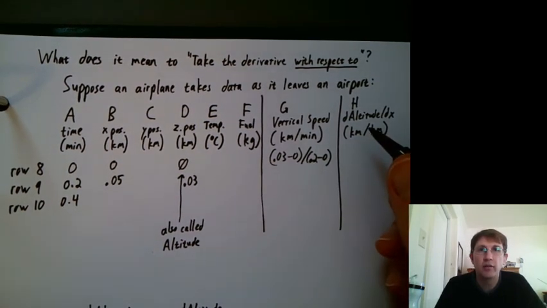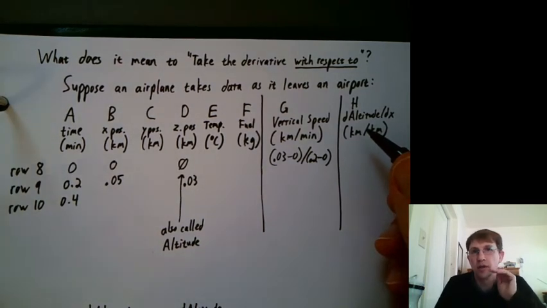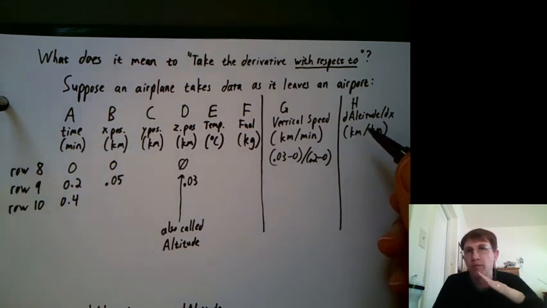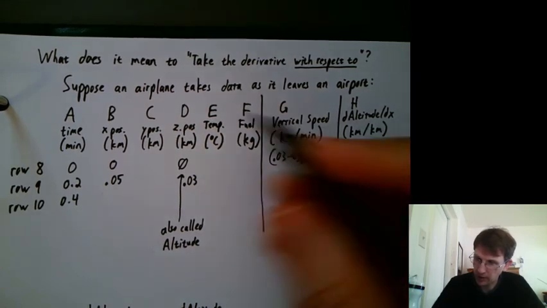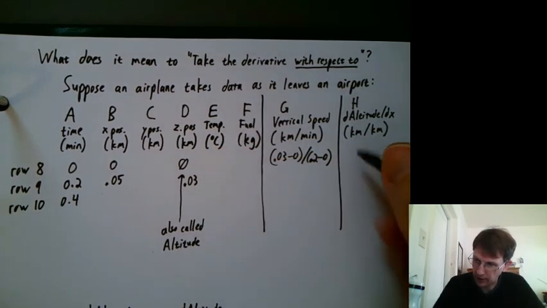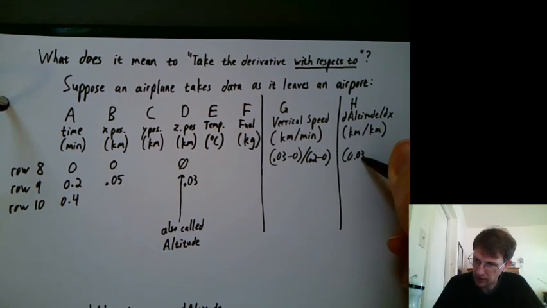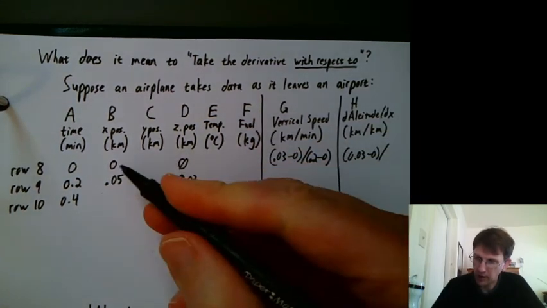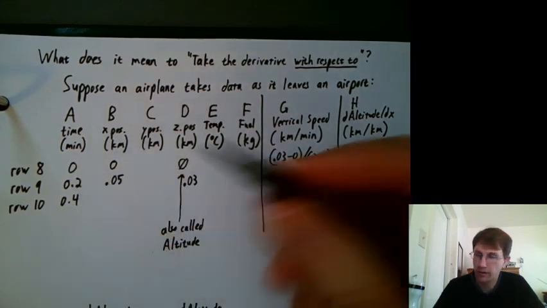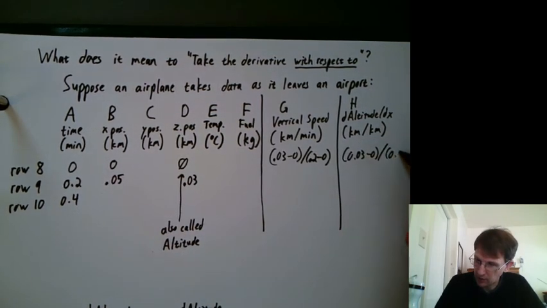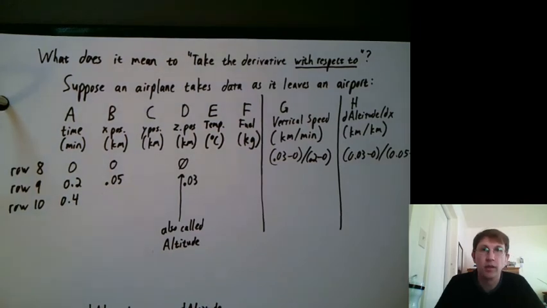But you could also ask how fast is it going up per kilometer that it goes forward, which is more like the angle of the plane, not literally in degrees, but kind of the slope of the flight path. And for that, you'd have to say, well, how far up did it go? Well, we already did that. 0.03 minus 0 divided by how far forward did it go. So now I'm using numbers from this column rather than that column. So it would be 0.05 minus 0.